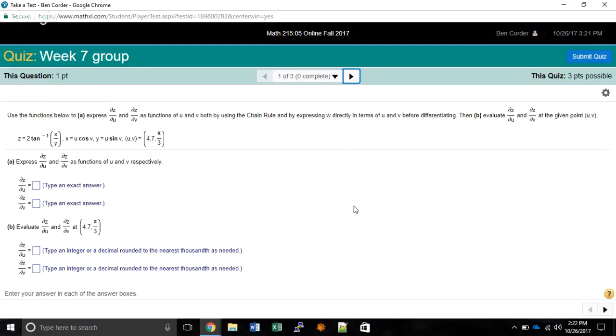And then do we add those two together to get dz over du? You'll want to plug in values for x and y once you have them added together, because it all needs to be in terms of u and v. And we can just plug in those values there, u cosine v. Yep. That's a lot of work. It is.